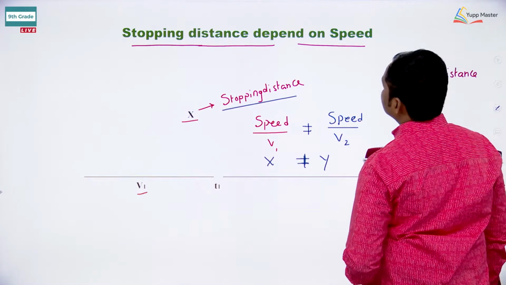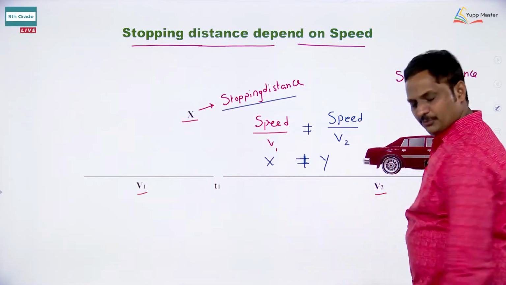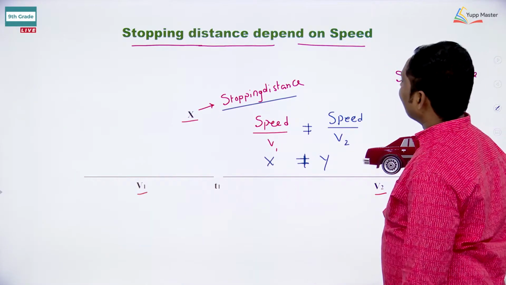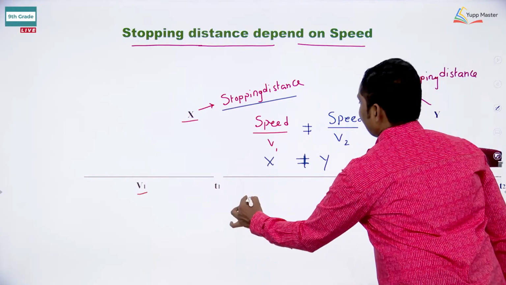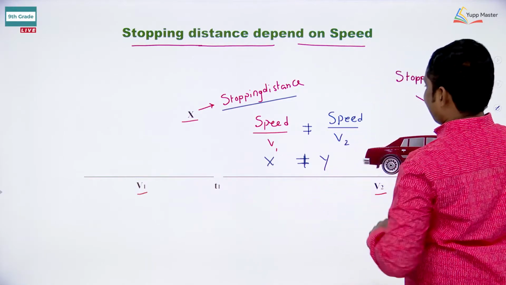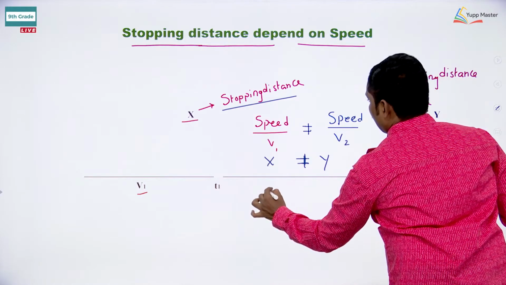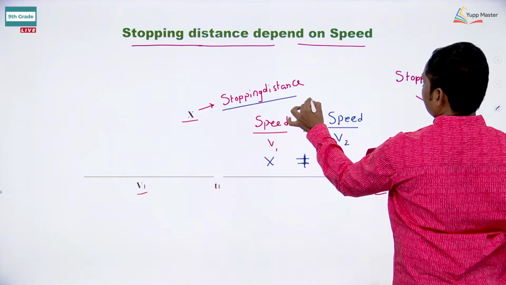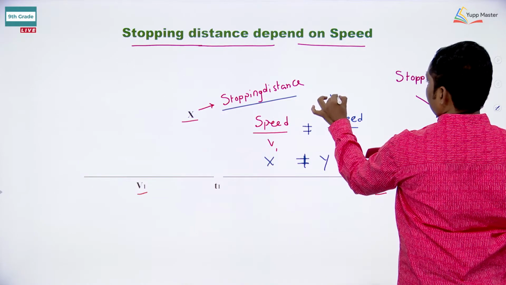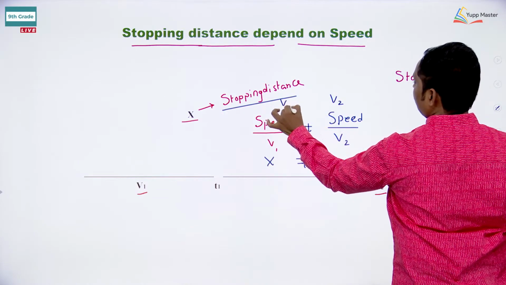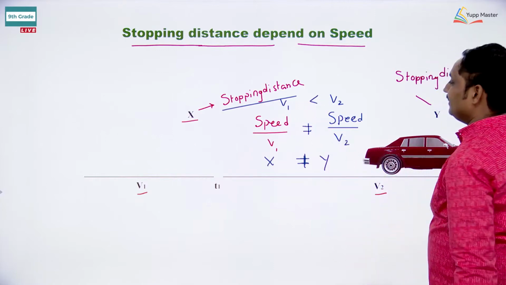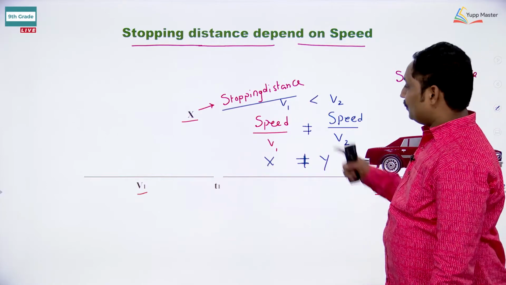All right. So, what you have observed: this is V2, this is V1, V2 is greater than V1.